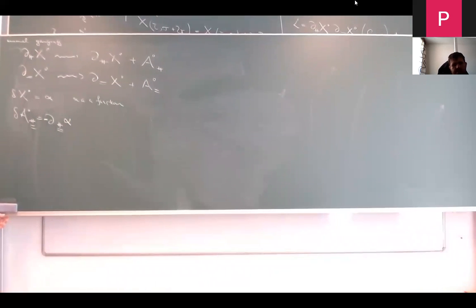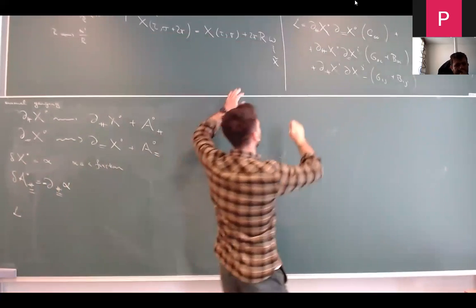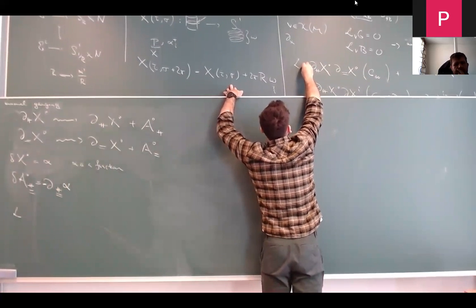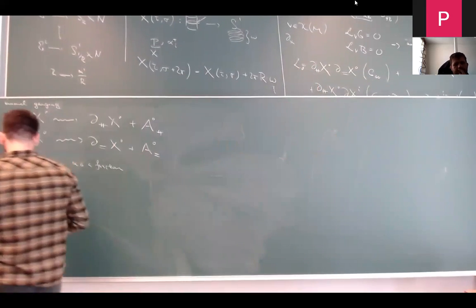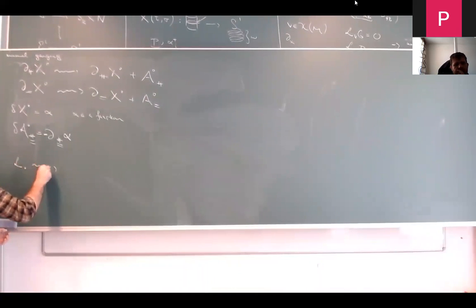I take the original Lagrangian and do the gauging, meaning I uplift to the local symmetry and introduce these gauge fields.